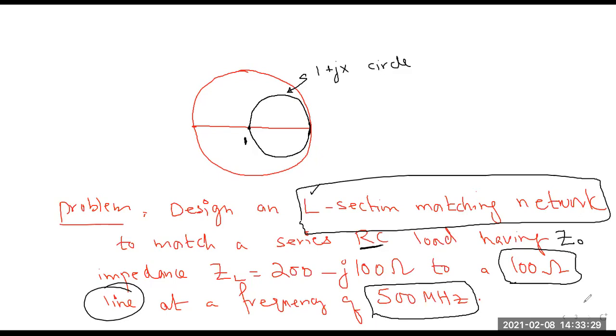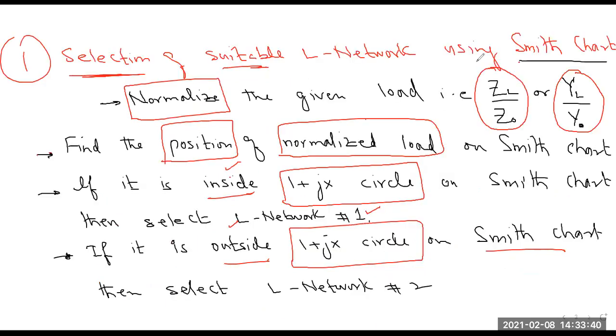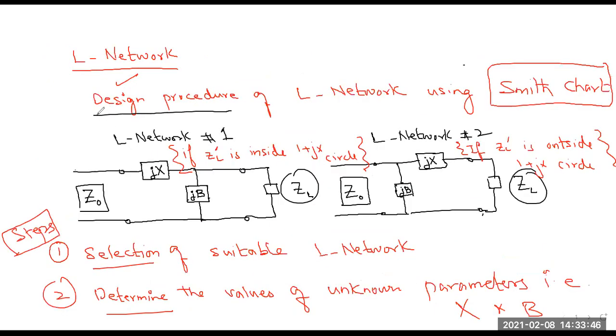With this given data, we need to design our L network. If I am designing with the help of the Smith chart technique, the first step is selection of a suitable network. The design procedure involves this first step and then a second step.